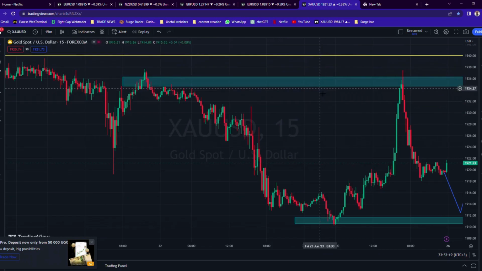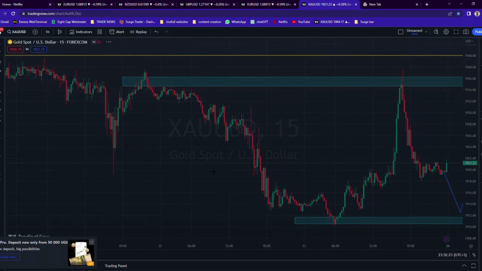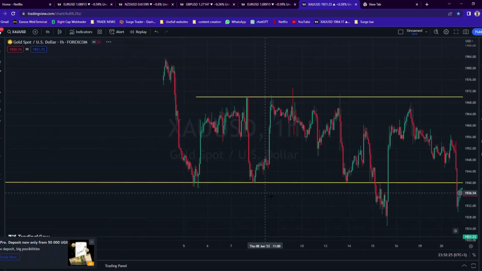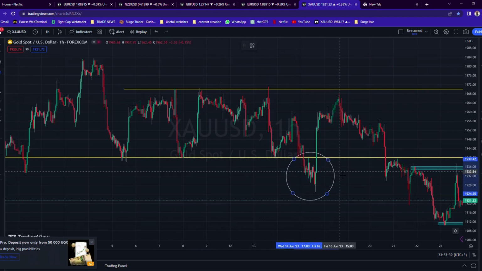Let's move a little bit back here so we can see what we are talking about more clearly. Right here we had this key level of 1970 and this key level of 1940, and there is a good example of a liquidity sweep right there.